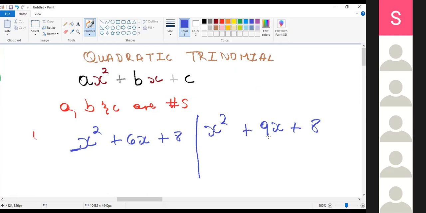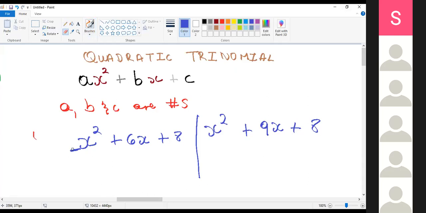What is B? Positive 9. And what is C? Positive 8. And I want you to train yourself to call those numbers with their sign. Numbers don't just come by themselves and jump out of the sky. The sign is very important. All right, so let's go on to the next important point now.